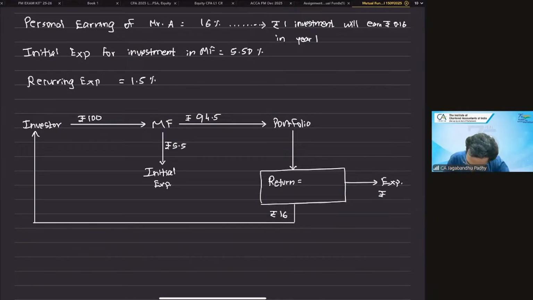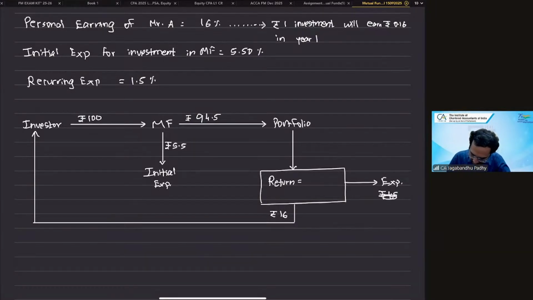So can you tell me how much money the portfolio should generate?